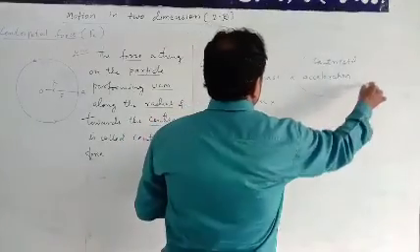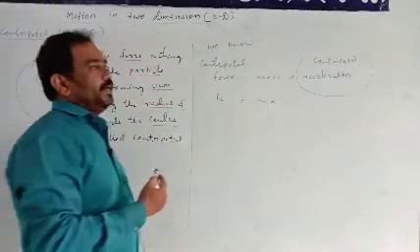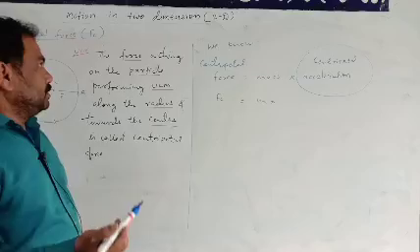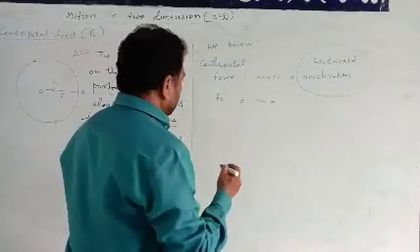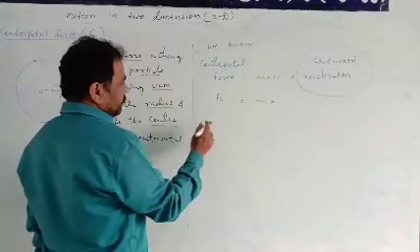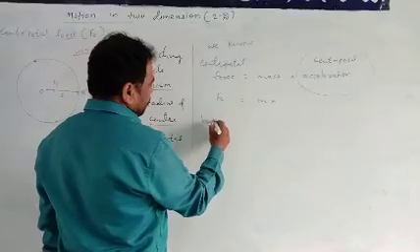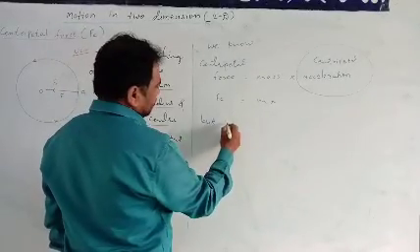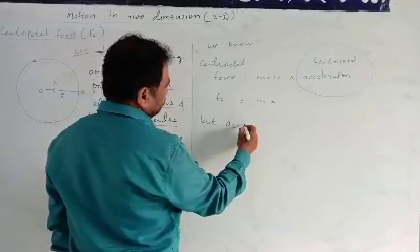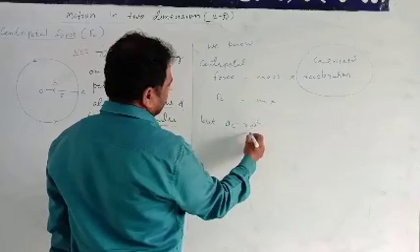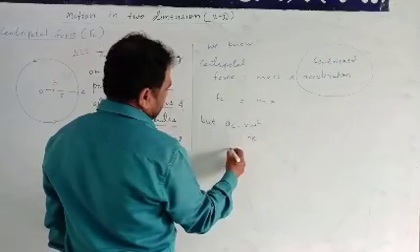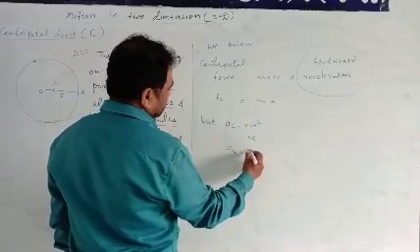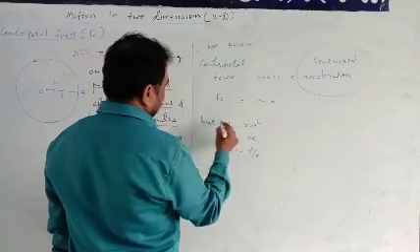Now we know the magnitude of centripetal acceleration. In our previous videos we have seen that centripetal acceleration ac is equal to r omega square, or we can write ac is equal to v square by r.